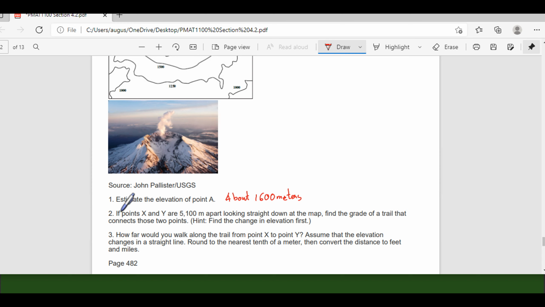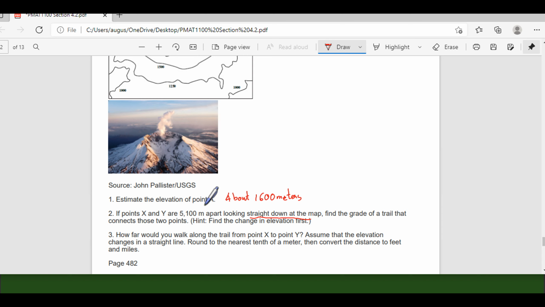For point B, if point X and point Y are 5,000 meters apart, look straight down at the map. This is very important information, because this is the top view, so you look straight down.